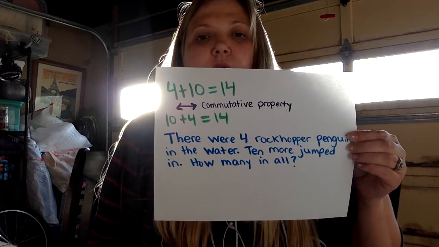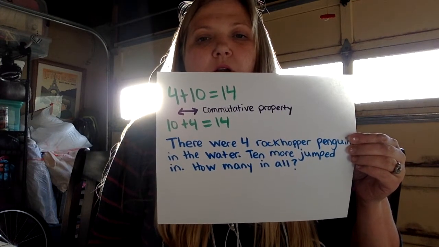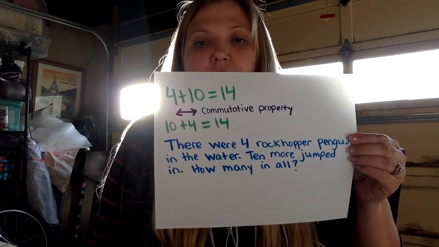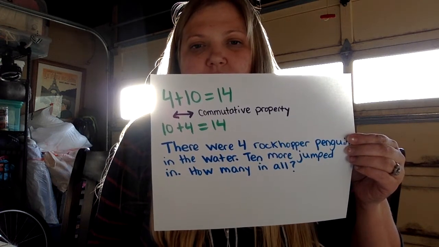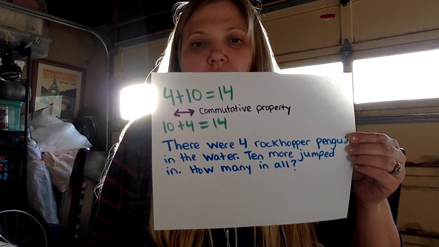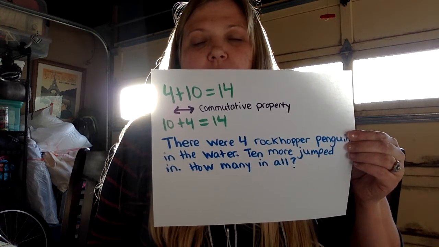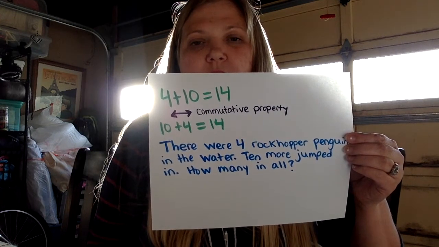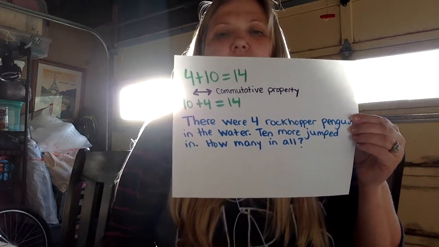So let's see, there were 4 rockhopper penguins. I hear the number 4. And then I hear 10. 10 more. I hear the word more. Jumped in. How many in all? Okay, so what numbers did you hear? Now, what does the problem ask in the question? How many in all?